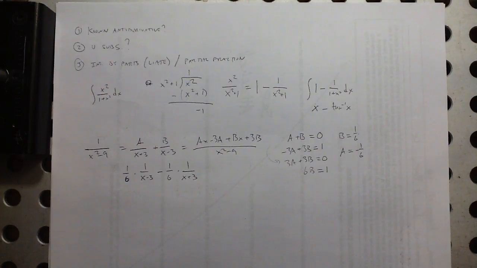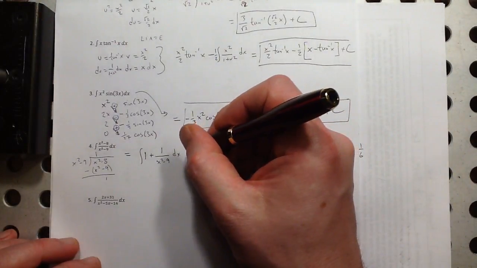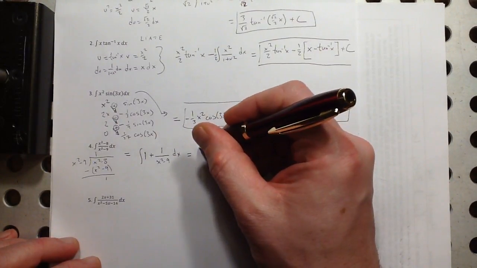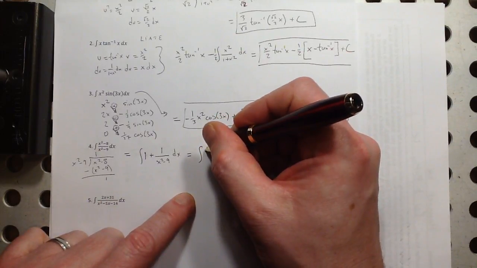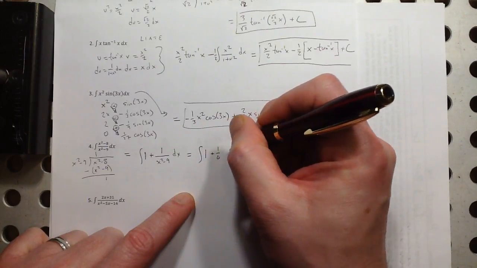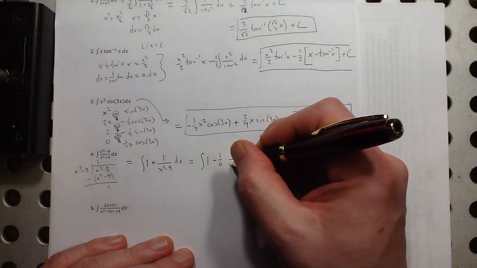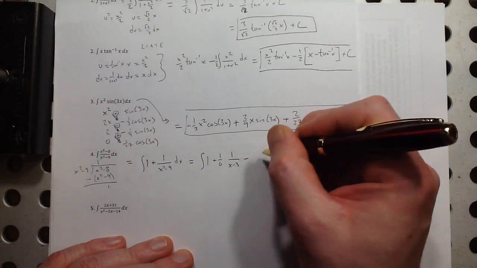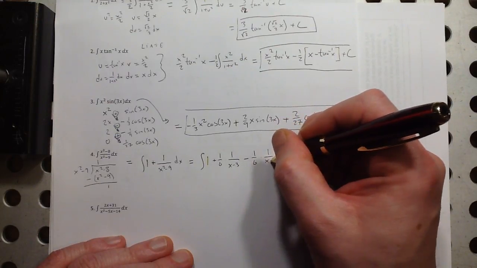Okay, so let's move that back to our answer here. I haven't done any antiderivatizing yet. So that's 1/6 times 1 over x minus 3, minus 1/6 times 1 over x plus 3.